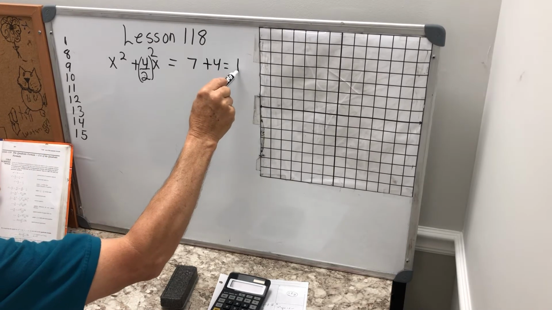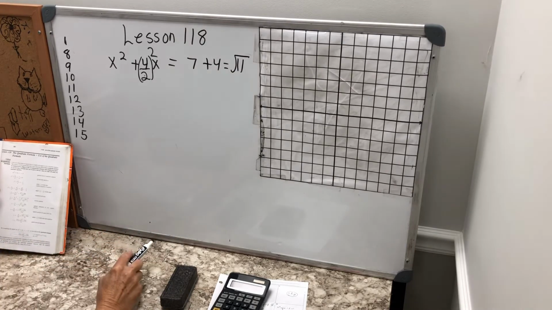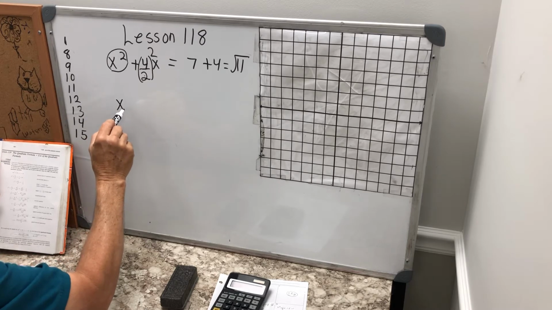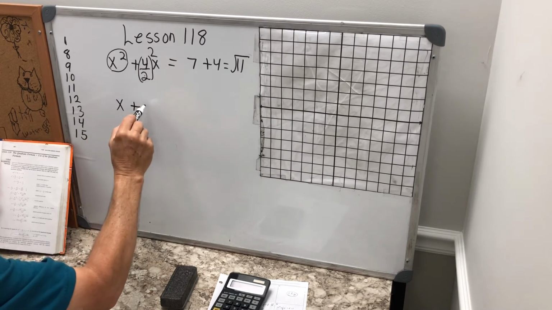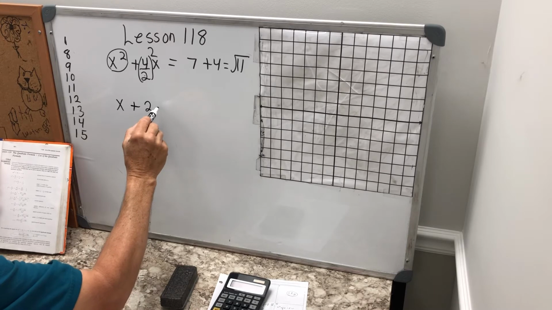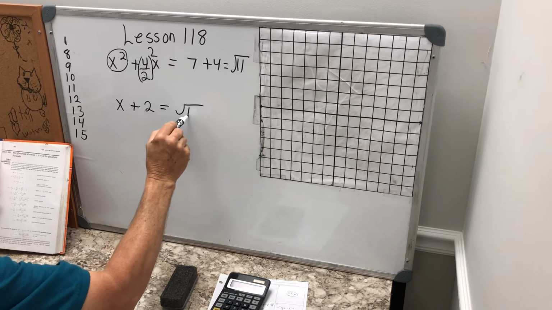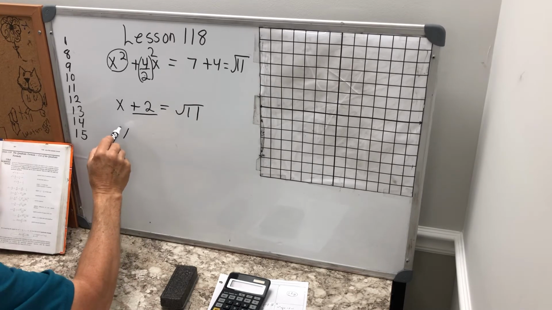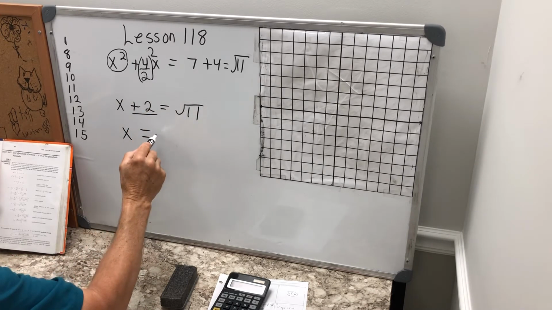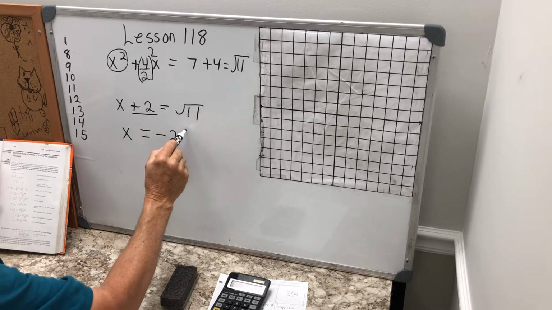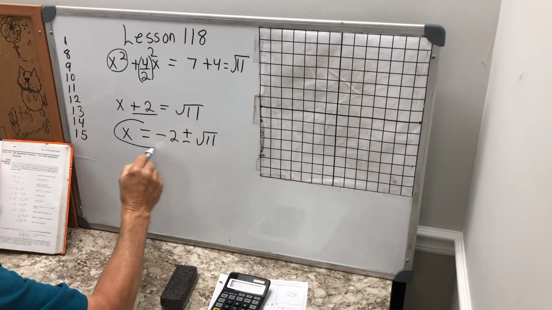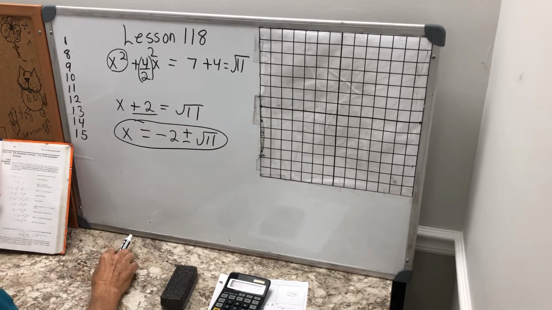This equals 11, square root of 11. Back over here, we take the x plus 4 divided by 2 is 2 equals square root of 11. One more step always. We take the x equals, this goes on the other side, negative 2 plus or minus square root of 11.